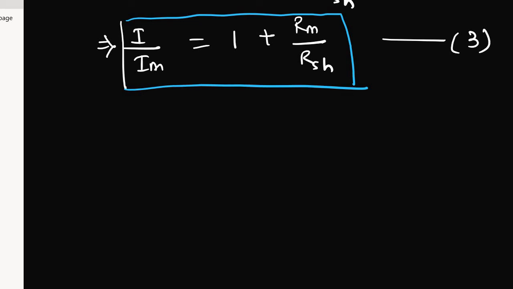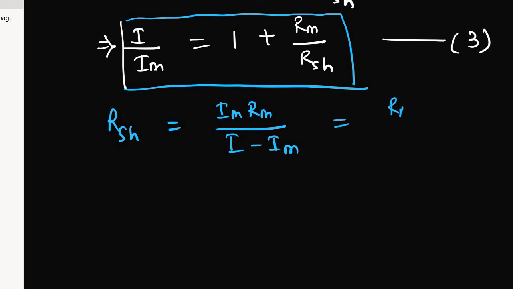That's why I can place it in the RSH equation. RSH was IM RM divided by I minus IM.